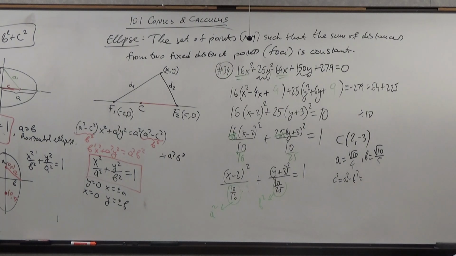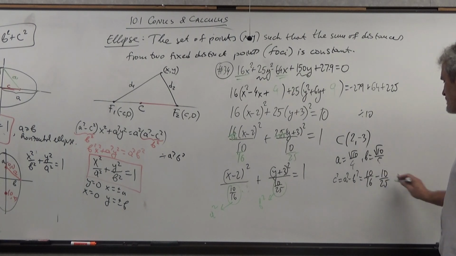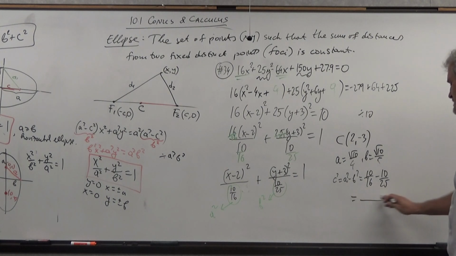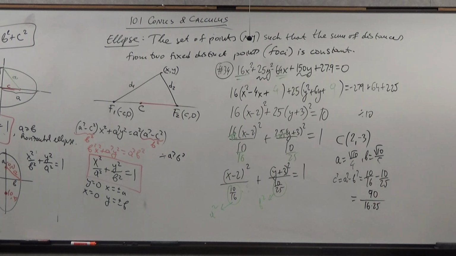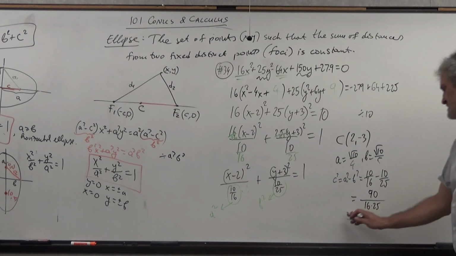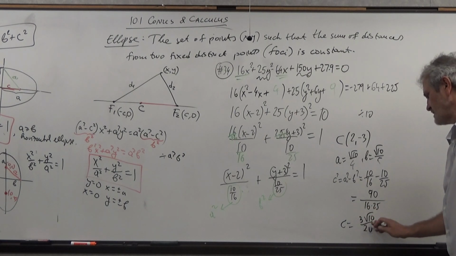So c squared is a squared. This is a square, so I shouldn't square it. I should just copy it. So 10 over 16 minus 10 over 25. So what would that be when I cross multiply? I get 90 over 16 times 25. So c is square root of 90, which is 3 root 10 over 20.